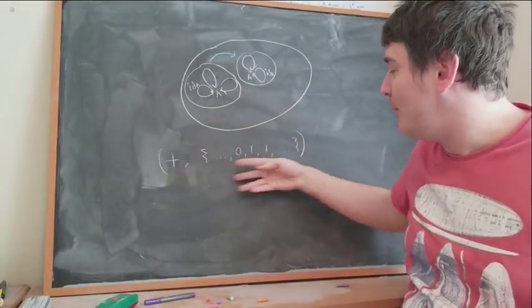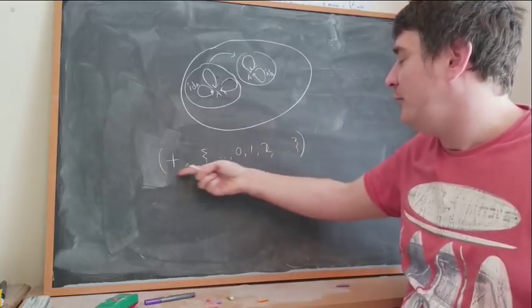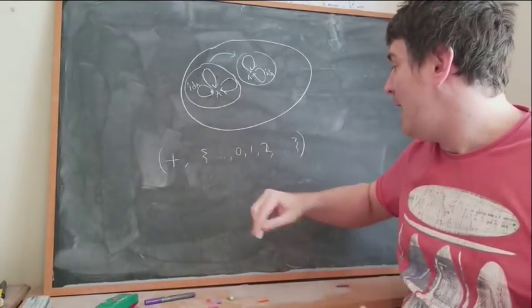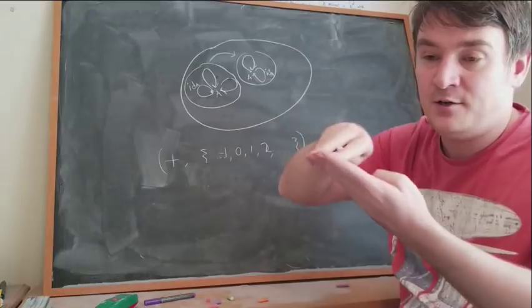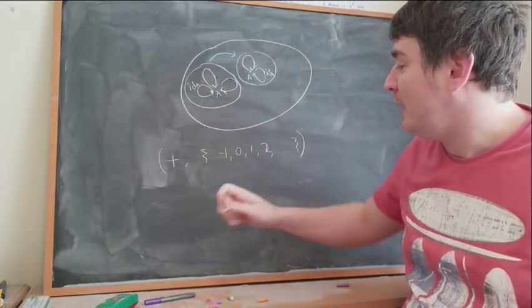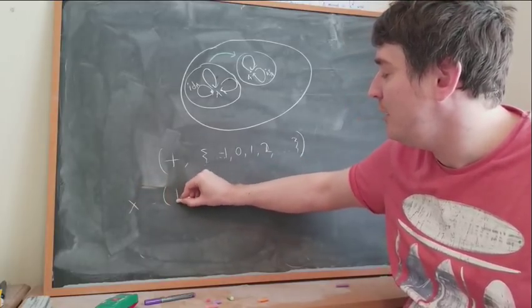So here's an example, the kind of standard example, which is just the whole numbers with addition as our operation that gets us a new element from the old ones. And we can ask, what's the product of this monoid with itself?